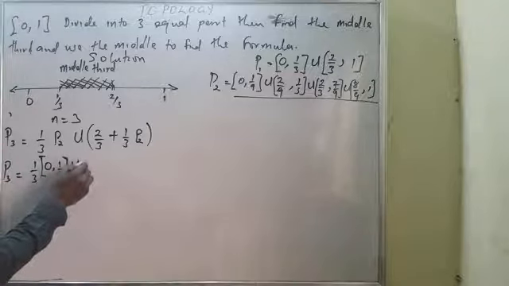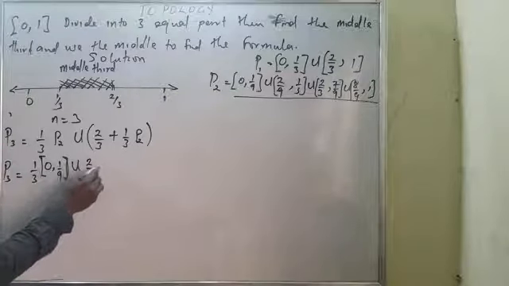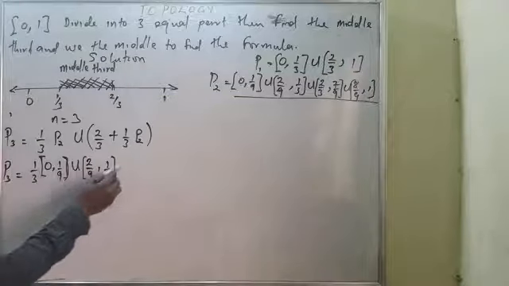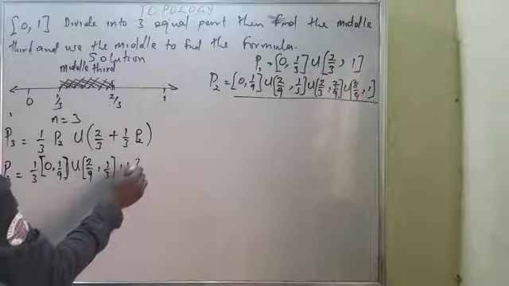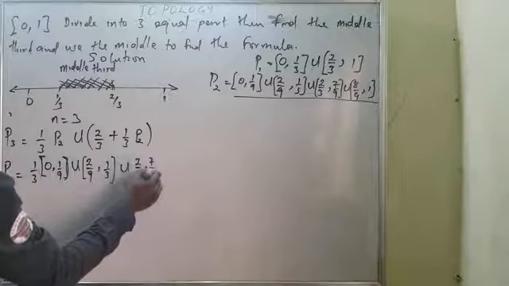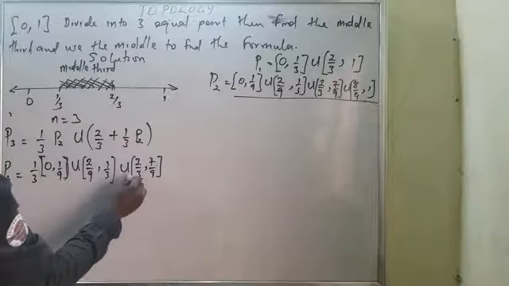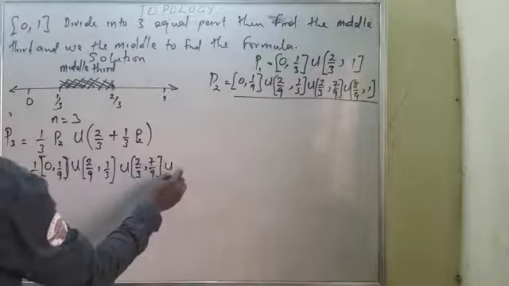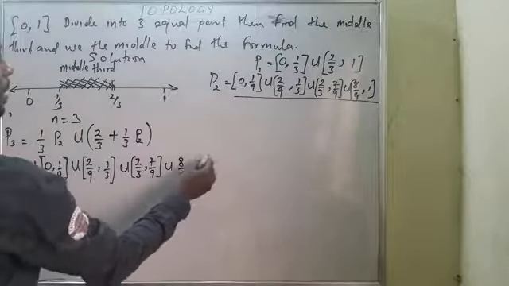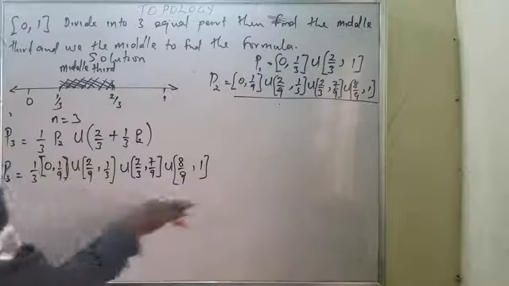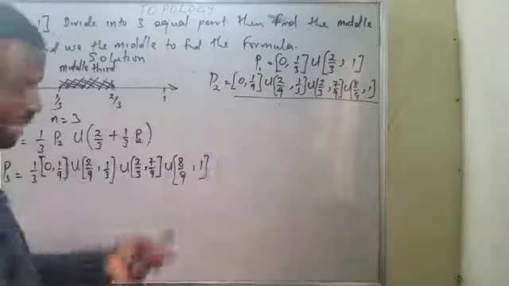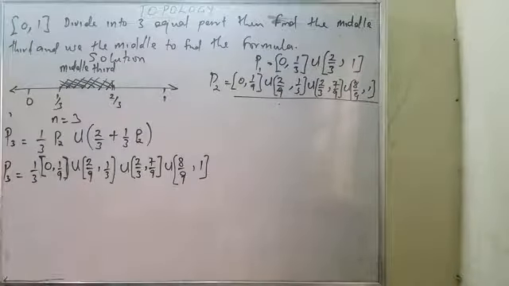And 2 over 9, 1 over 3, and union, 2 over 3, bracket 7 over 9. Hope I'm not making a mistake in adding up. I think so. It cannot. They are all closed. Please take note of that.